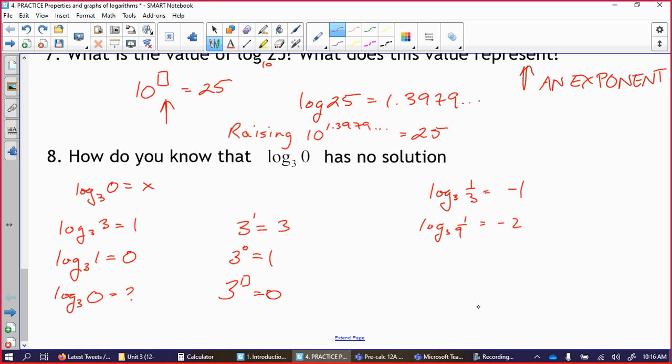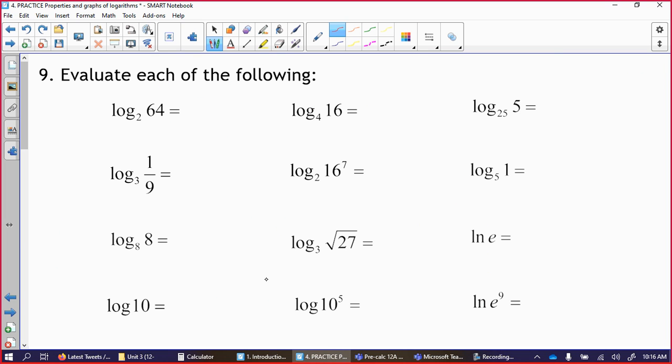We can keep going and going, but taking the log of 0, there's no power, because 3 to the negative 2 is a ninth. We're looking for a number we can put in to make it 0, and there isn't one. It's not physically possible.